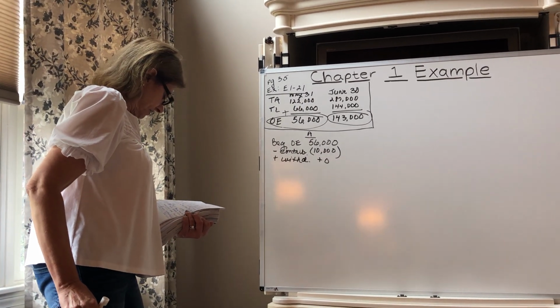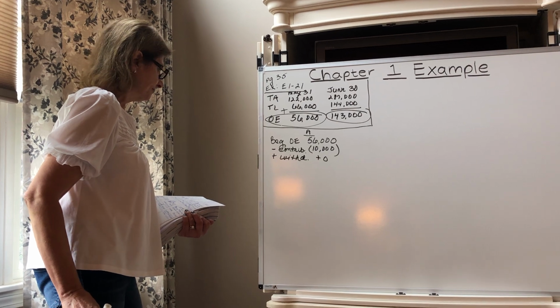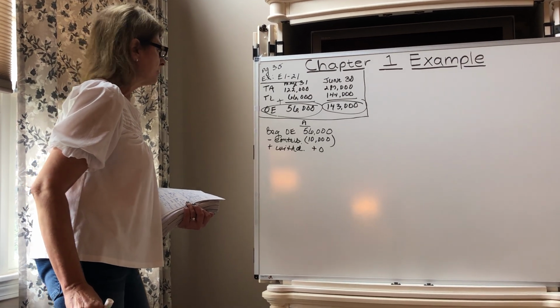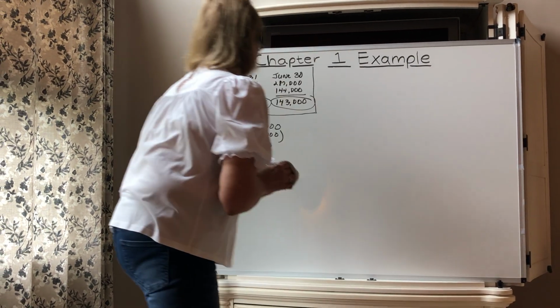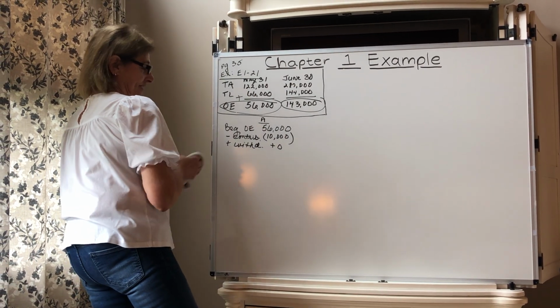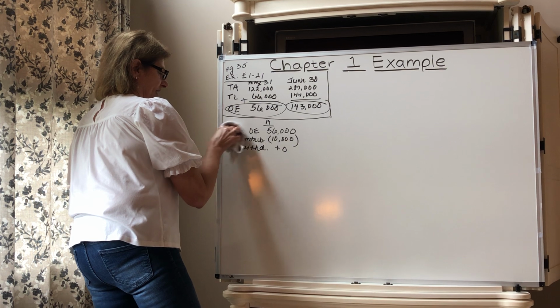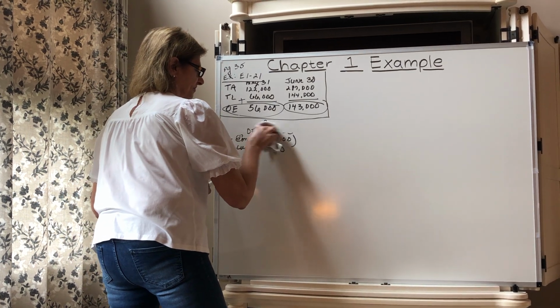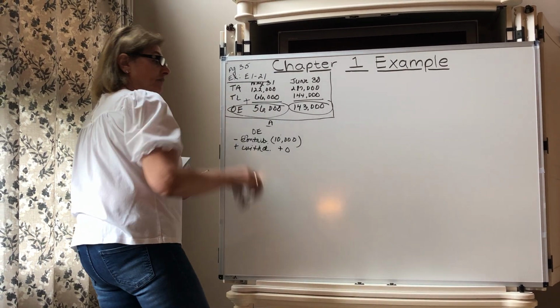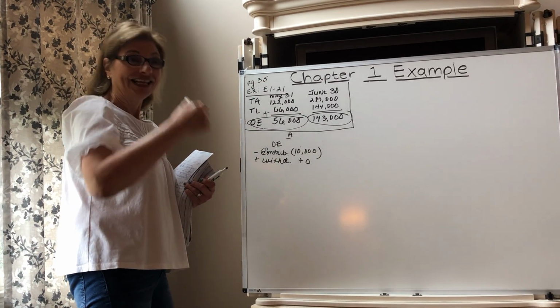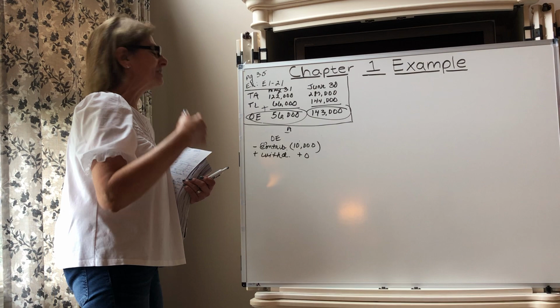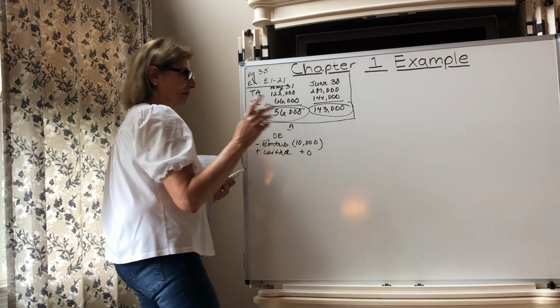Then we're going to start with, I already messed up, I'm so sorry. We're reversing the problem, so we got to start with ending. See, I make mistakes too. That would be right if I was doing the linear way: beginning plus net income plus contributions minus withdrawals equals ending, but I'm not.